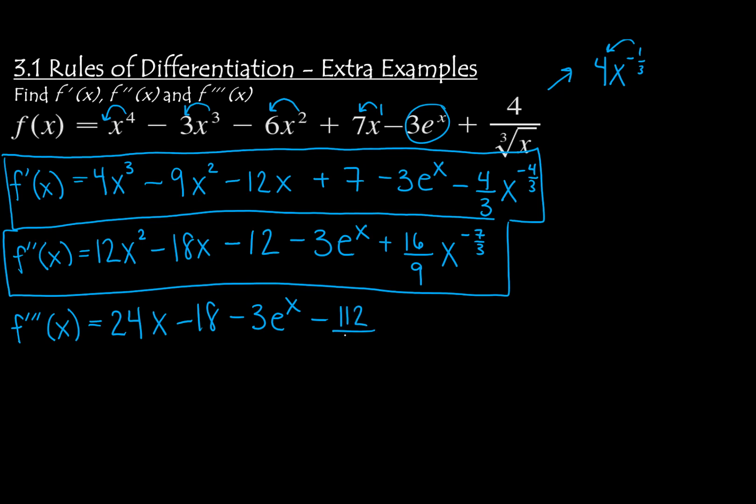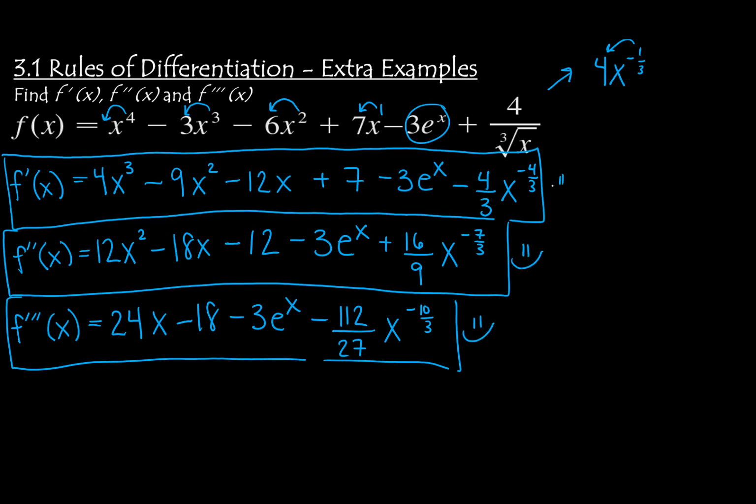And then 9 times 3, which will give me 27, all over x. And I'm going to reduce this by 1. So negative 7/3 minus 1 is going to be negative 10/3. And then that's my third derivative. So third, second, and first derivative. Fun, huh?